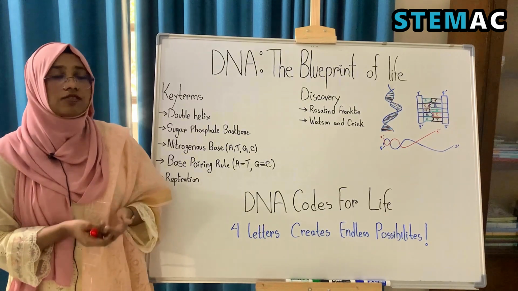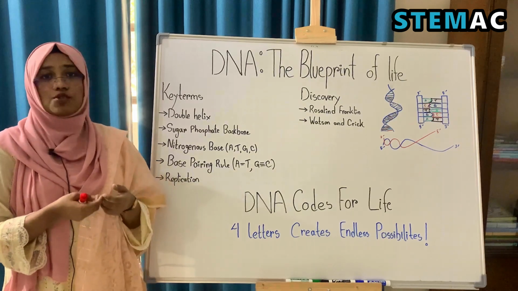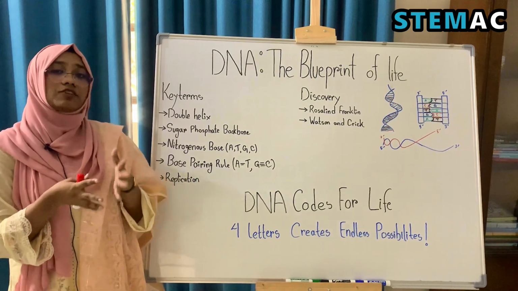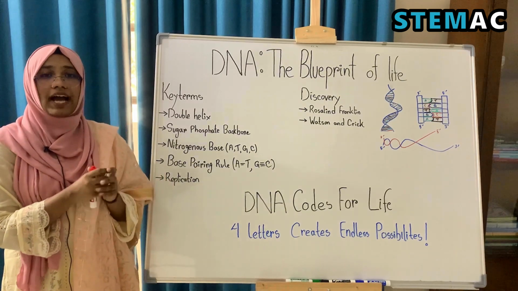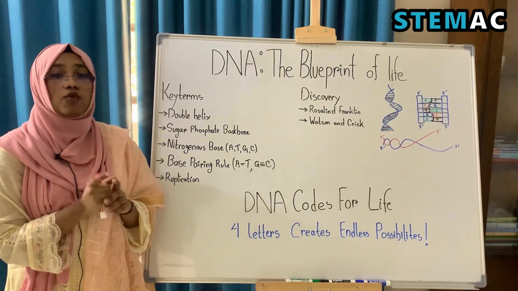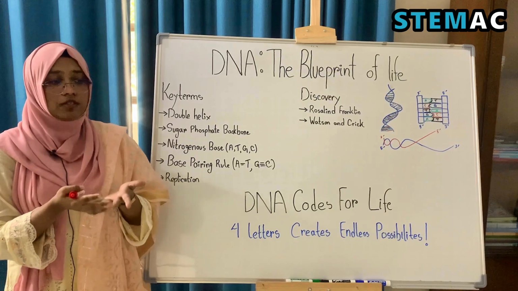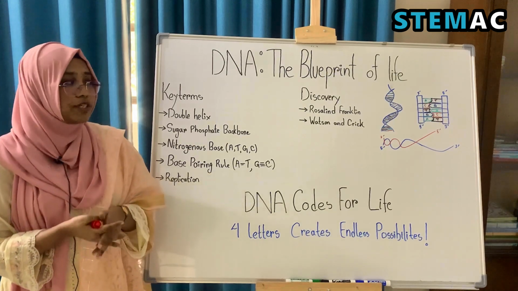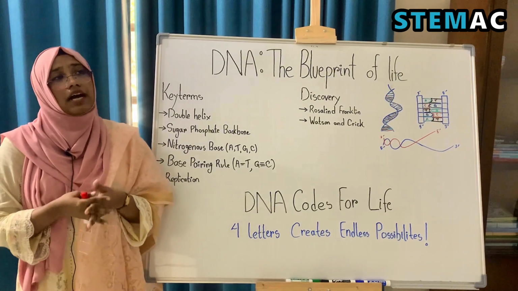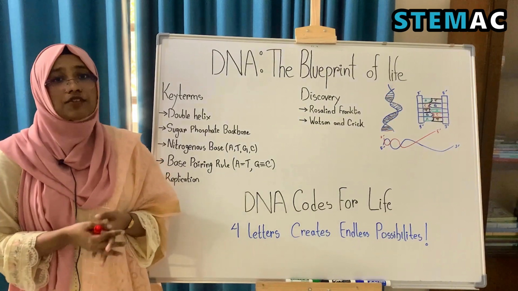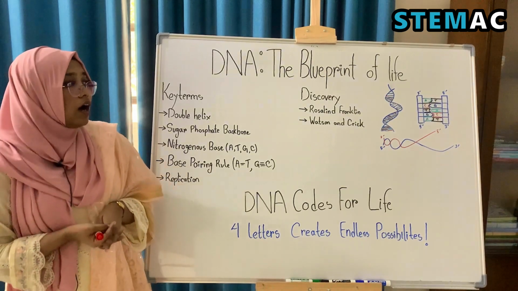There they talk about doing a DNA test to find the suspect. How does that work? Well, the suspect will have a unique DNA sequence that will resemble him and him only. So when they match each other, we will know that this suspect might be the culprit. And other than that, DNA is used in creating medicines and more.